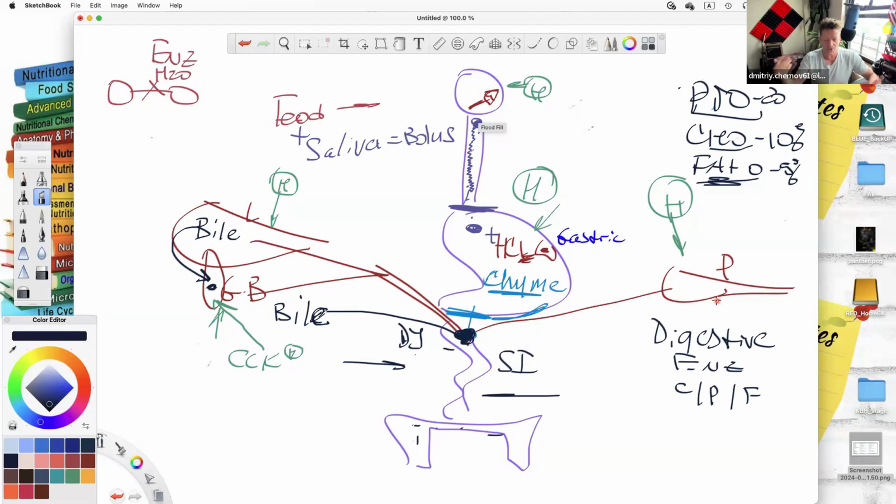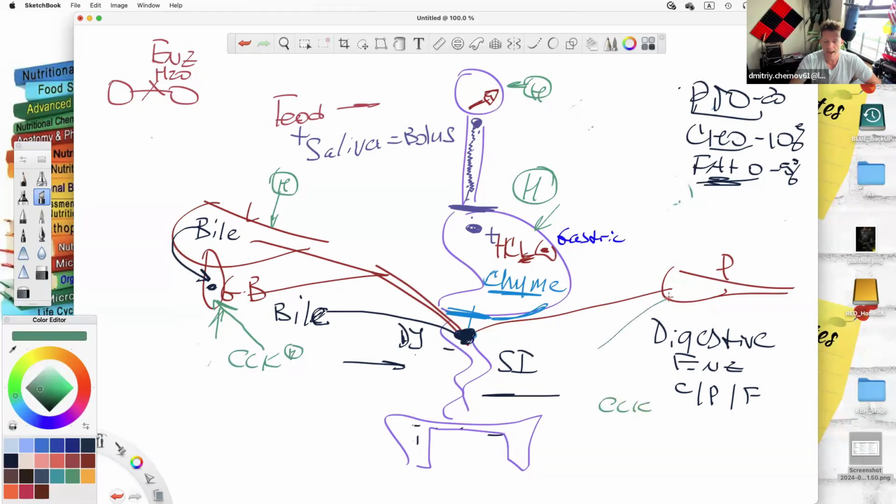This is for compartmentalization, separation, so it's easier to communicate. So these digestive enzymes digest carbohydrates, proteins, and fats. The hormone CCK, nice, right?